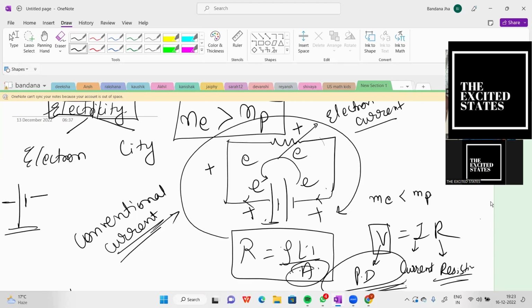See, potential difference is just like your weighing scale. Have you seen this type of weighing scale?